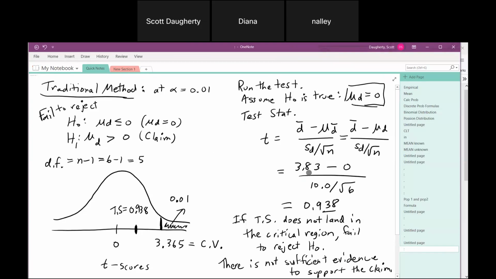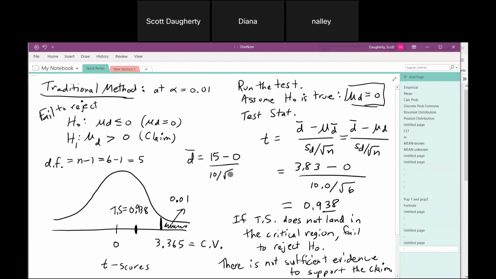Now look, in order for me to have supported your claim, what would have had to happen? Let's say D bar turned out to be 15. So the average difference in the sample was 15 units, and the difference between 15 and our assumption about the mean difference from the population being 0 is 15, an absolute difference of 15 units away.